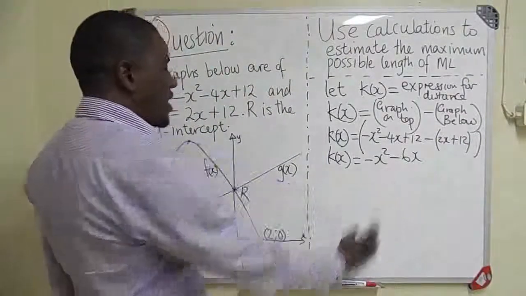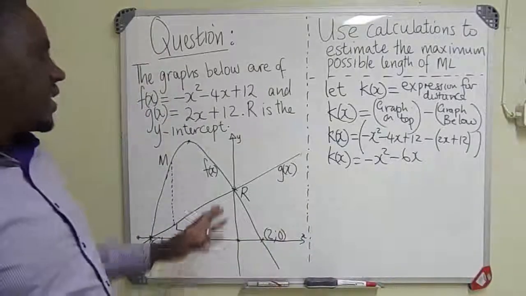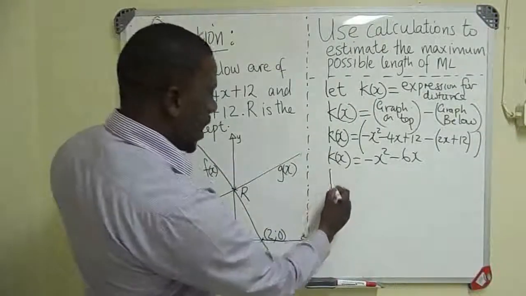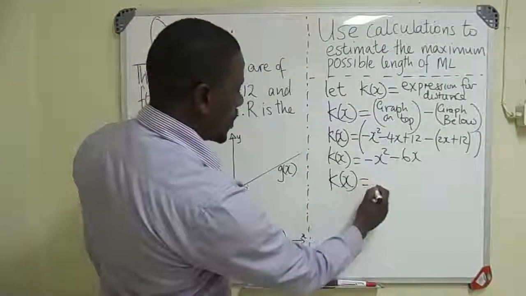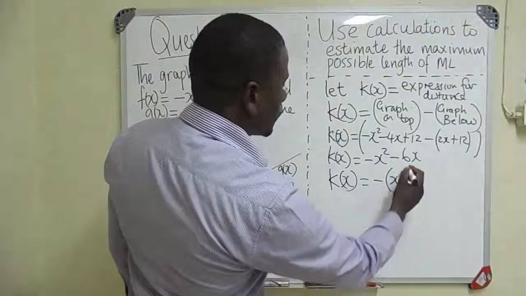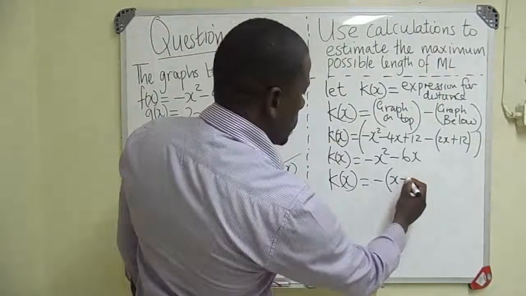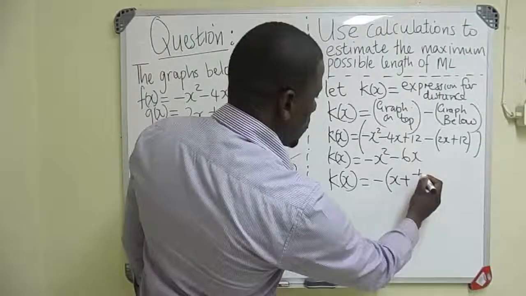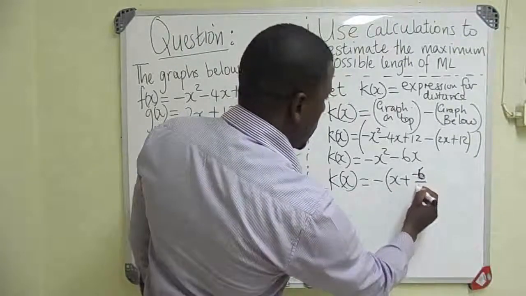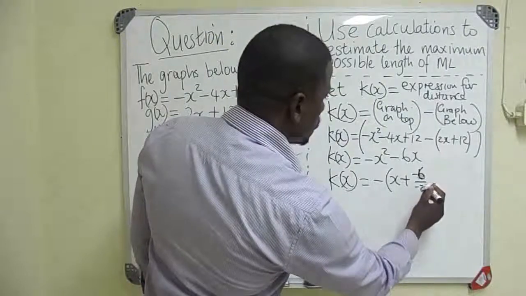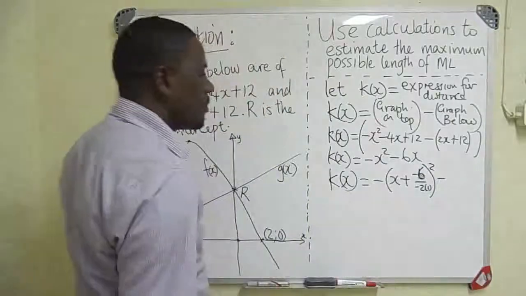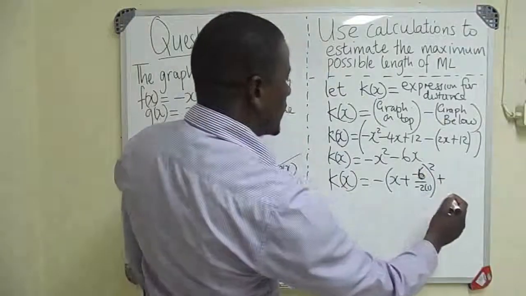So when you are finding the estimated distance, what you do is complete the square. So our k of x, if you complete the square, you get minus open bracket x plus our b, which is 6, over minus 2a, which is 2 multiplied by 1, close bracket squared, plus 4ac minus b squared over 4a.